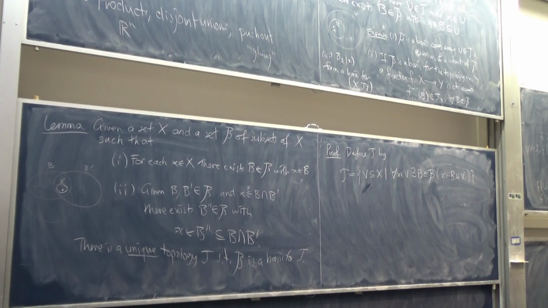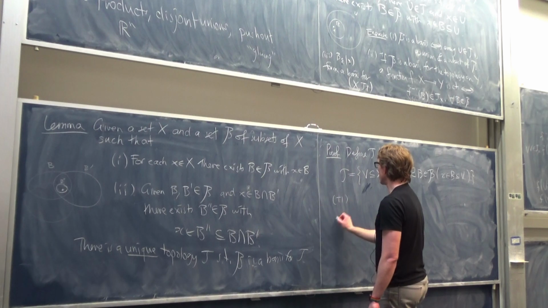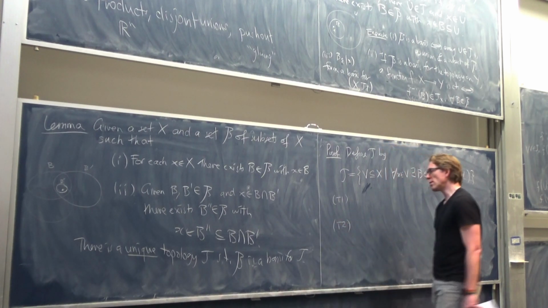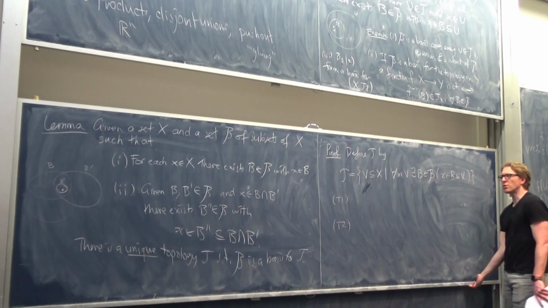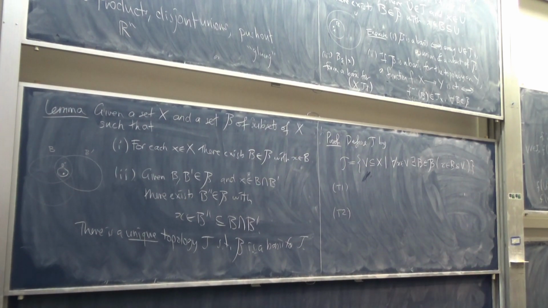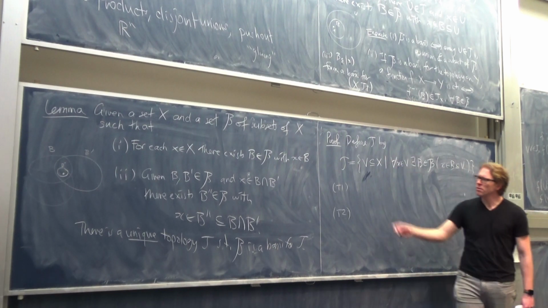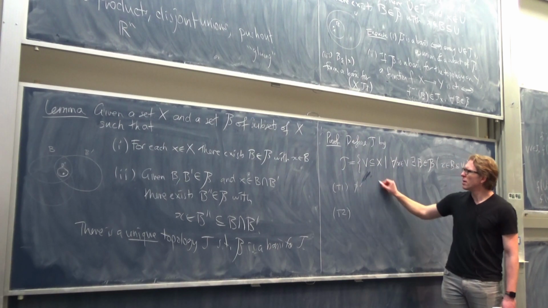Okay, so now I've got to prove the 3 axioms for that to check that it's actually a topology. Okay, so T1 says the empty set is in there. Well, that's vacuous because the for all doesn't apply to anything if V is empty, so that's true.